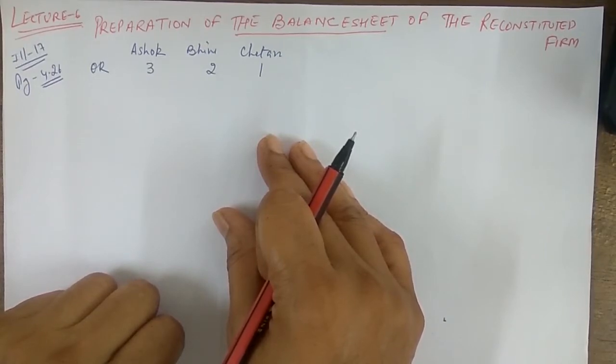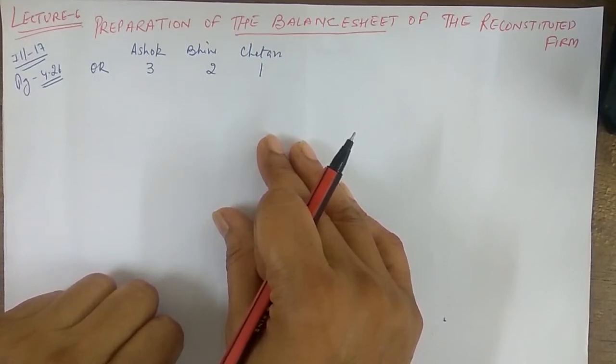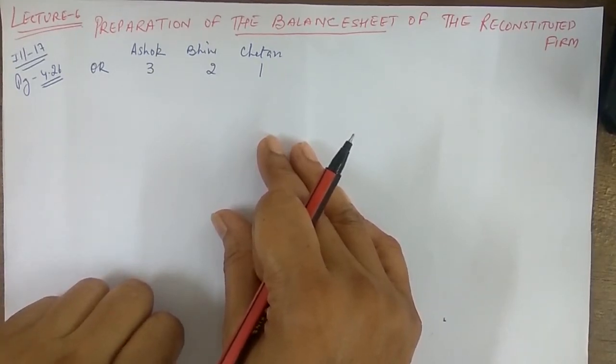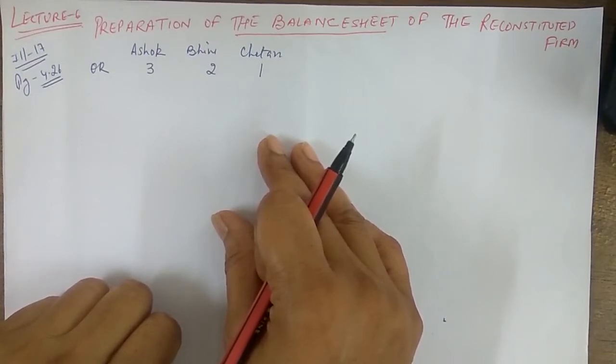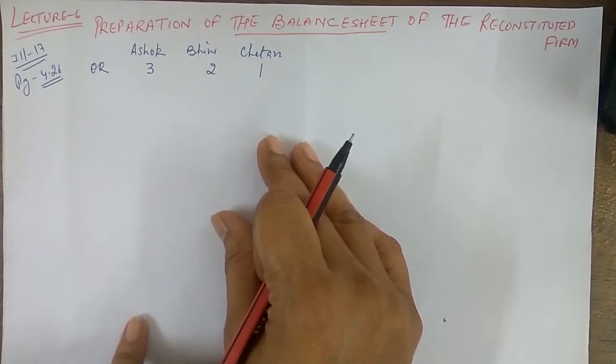That means in the partners' capital accounts we will put the amount of general reserve in the old ratio on the credit side. Clear? Then we have the capital accounts given for Ashok, Bheem and Chetan. This will be the opening balance of the partners' capital accounts. With this balance we will start the partners' capital accounts.